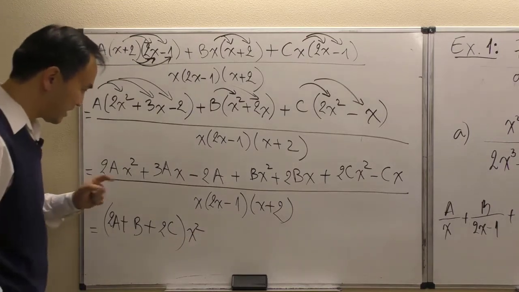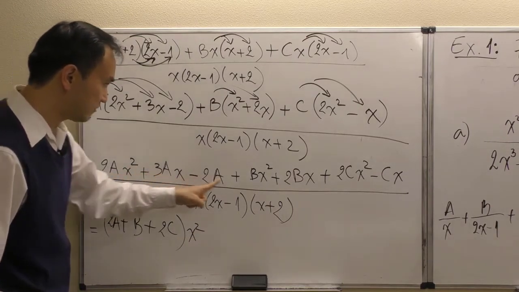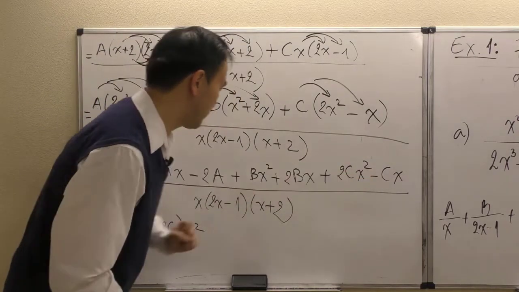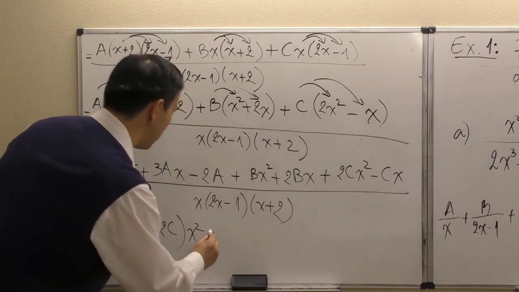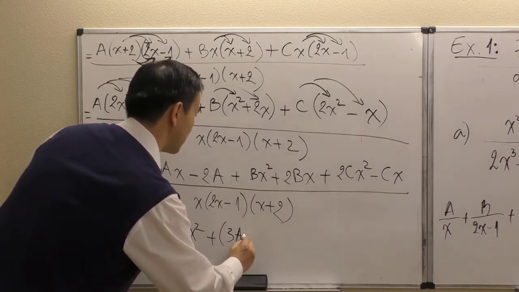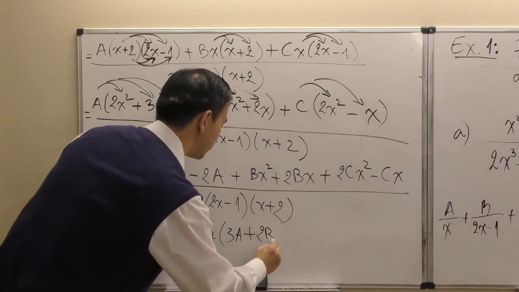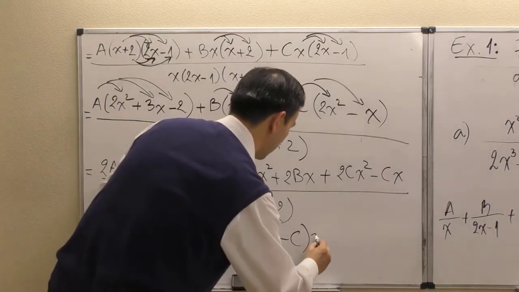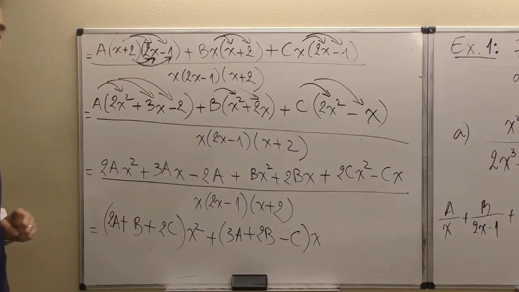Okay, and then I'm looking at the x term. These are my x terms: 3a, 2b, and minus c right here. So I'm looking at plus, in parentheses, 3a plus 2b minus c, and all that is times x, and that's my x term.